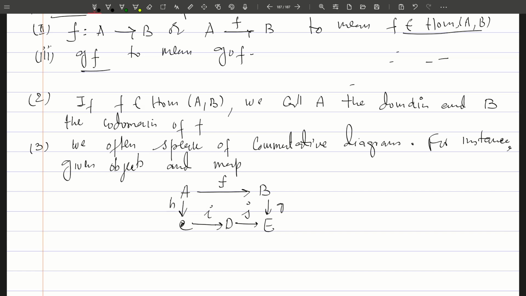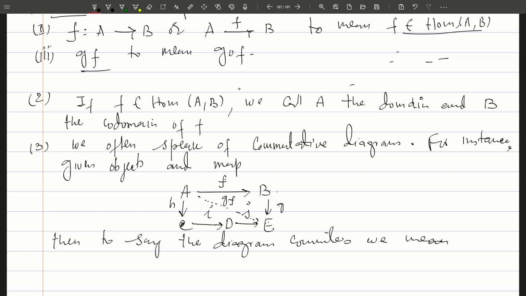Now to say that this diagram commutes, we mean, one should note here, to reach from A to E, we first go to B via the map F, and finally from B to E via the map G. So one way to reach from A to E is first travel the map F followed by G. The other way to travel from A to E is first go via the map H followed by map I and followed by map J. So these are the two ways.